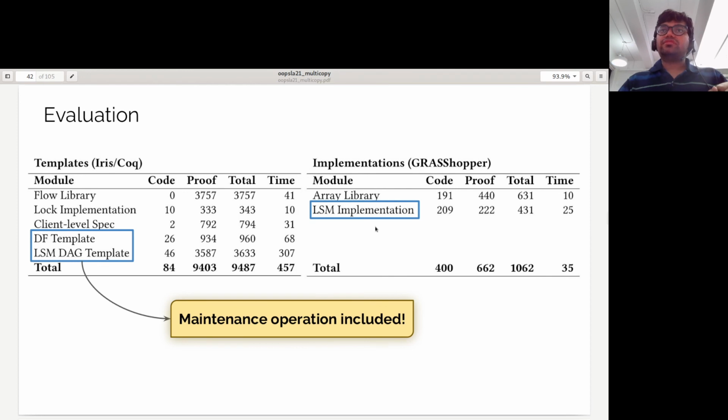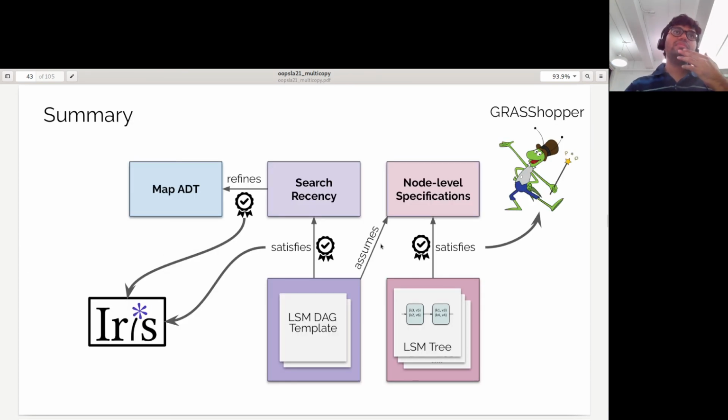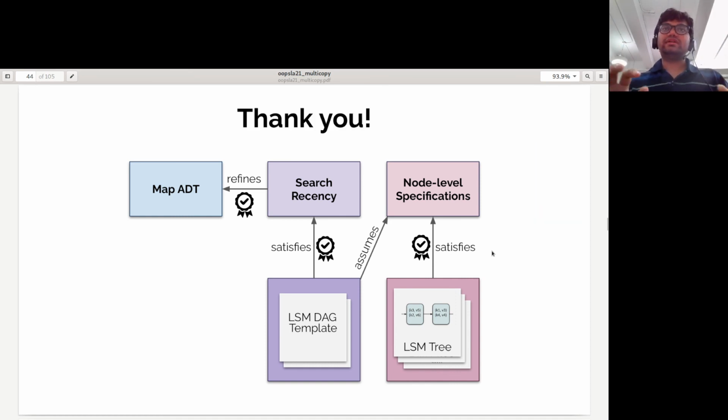The LSM implementation that we have verified uses an unsorted array as the root node and a sorted string table as the data structure on disk for all the other nodes. Finally, we use the higher order concurrent separation logic Iris and an SMT based automated program verification tool called Grasshopper for different parts of the proof. So let me just leave you here with this slide. Thank you.